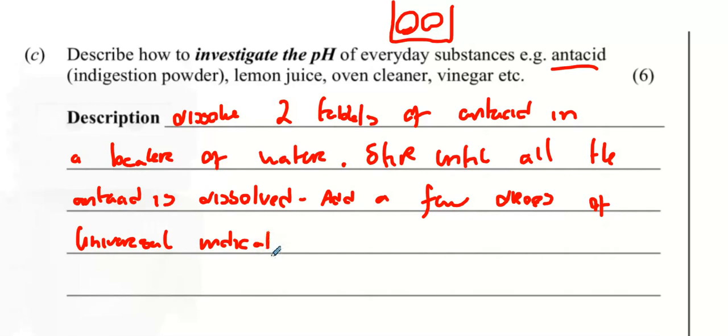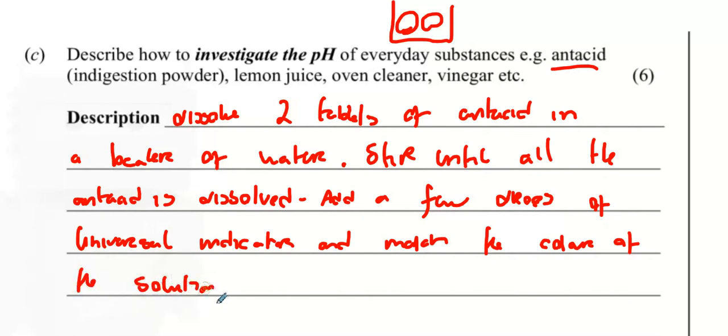Add a few drops of universal indicator and match the color of the solution to its pH using the colour scale. Okay.